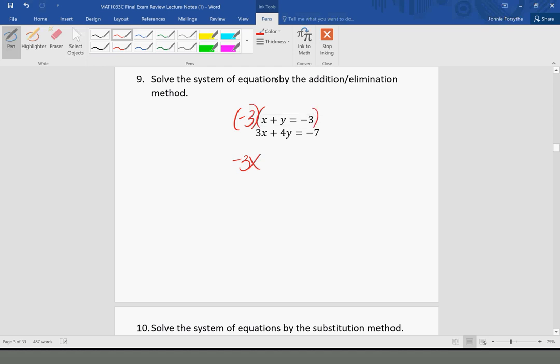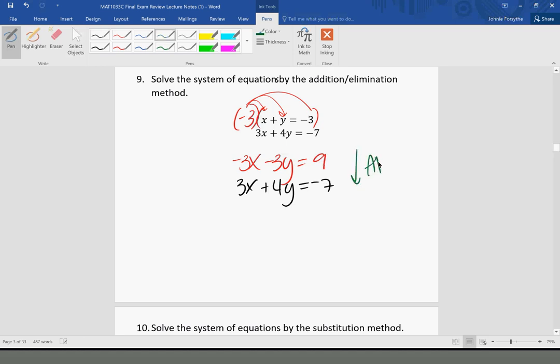But I have to multiply everything by negative 3. So I'm going to have negative 3 times x, which is negative 3x, negative 3 times y, which is negative 3y, then negative 3 times negative 3, which is positive 9. I'm just going to rewrite the original second equation.